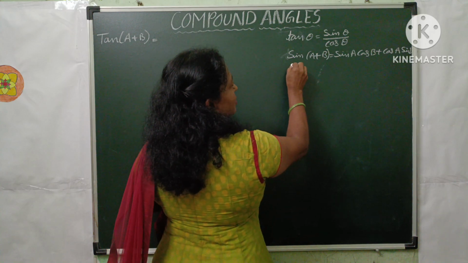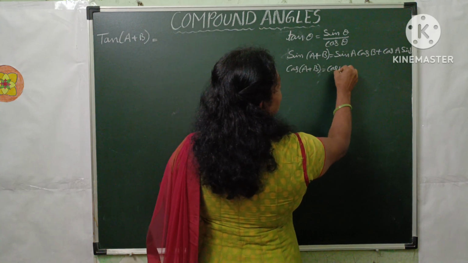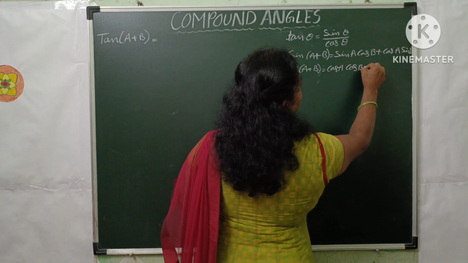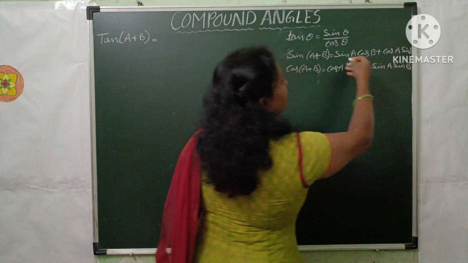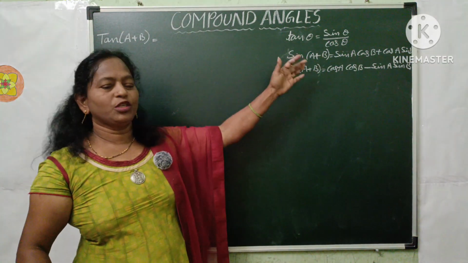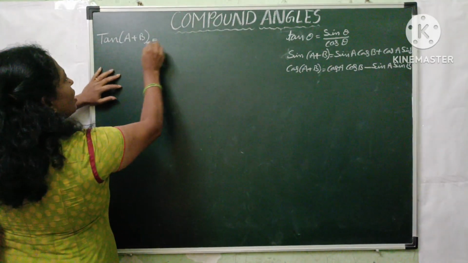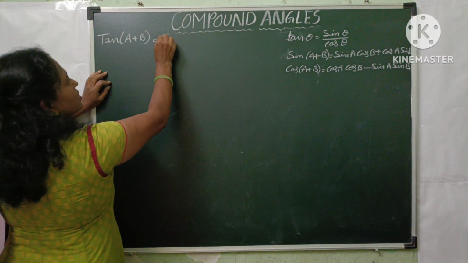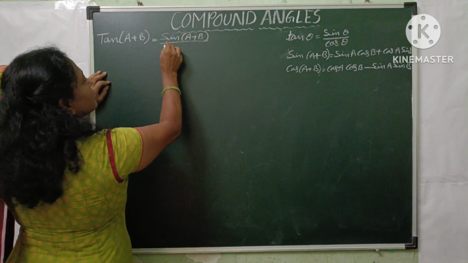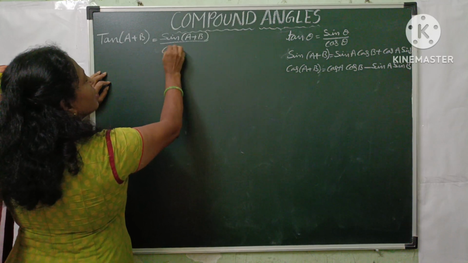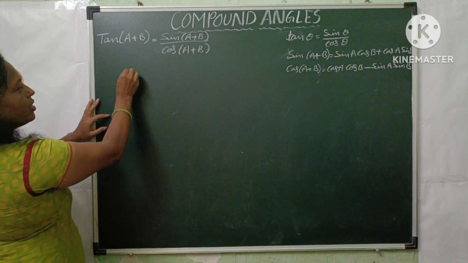Next, cos(a plus b) is cos a cos b minus sin a sin b. Why? Because tan ratio is sin by cos.